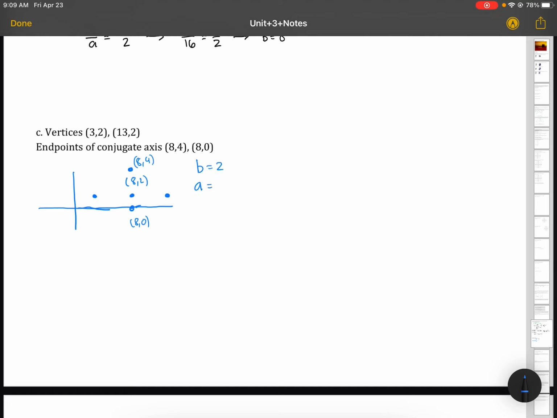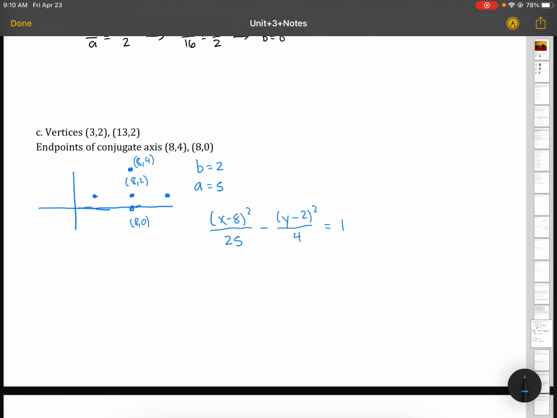a is going to equal the distance from the center to one of the vertex points, so a is going to equal 5. So now if we write our equation, we have our center and our a and b values, so we're going to get (x - 8) squared divided by 25 minus (y - 2) squared divided by 4 is equal to 1.